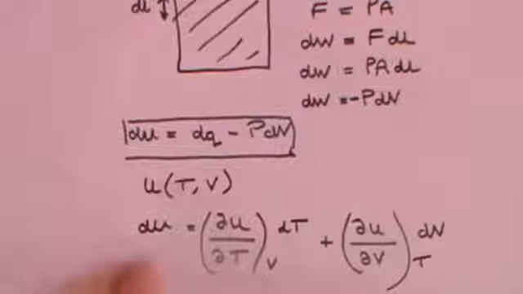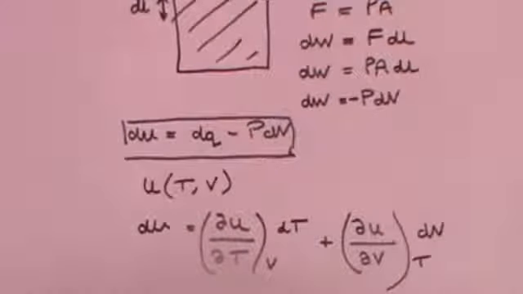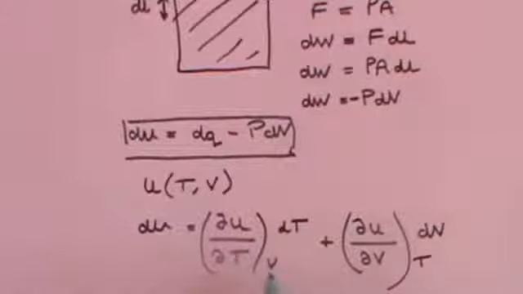In other words, we're saying the total derivative of the energy is equal to the derivative of the energy with respect to temperature, keeping the volume constant, plus the derivative of the energy with respect to volume, keeping the temperature constant.